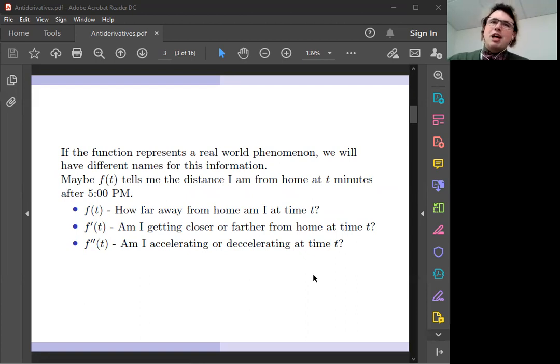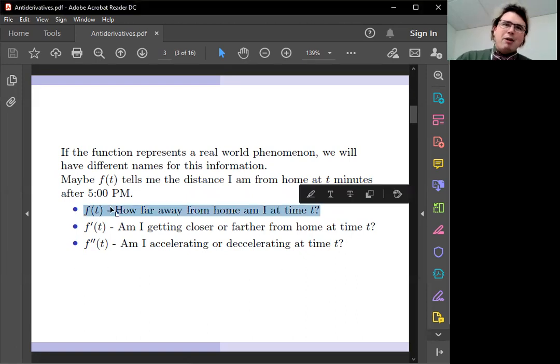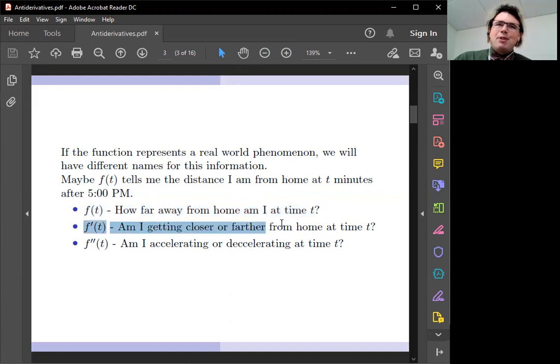So the question I would like to pose is, can I forget about this original function? I'm going to care about the value of my function in some contexts, but how much can I reconstruct from this derivative instead?